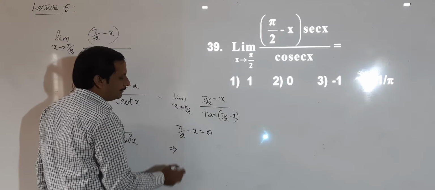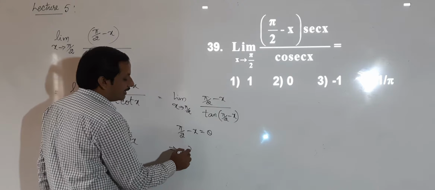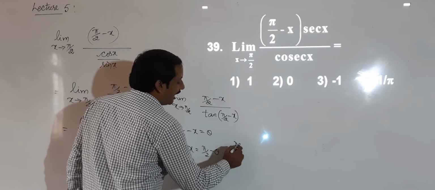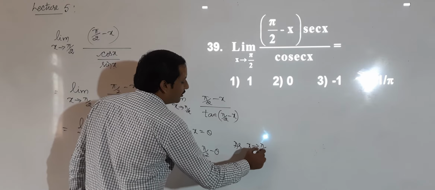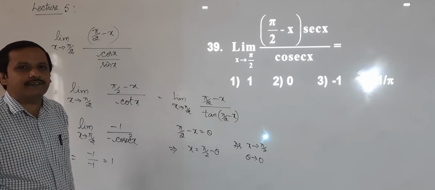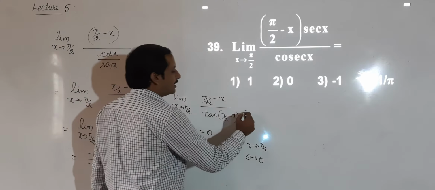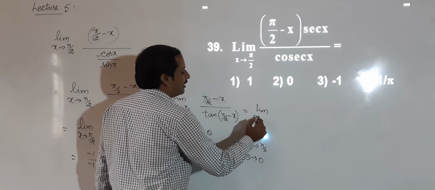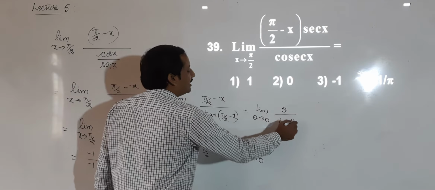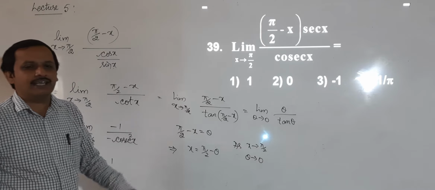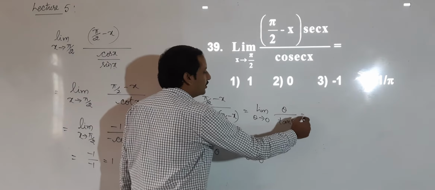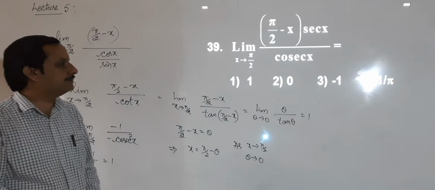That will imply that x is equal to pi by 2 minus theta. Then as x tends to pi by 2, theta will tend to 0. So this limit can be written as limit theta tends to 0, theta by tan theta, or tan theta by theta, which is equal to 1. So in this way also you can solve this problem.